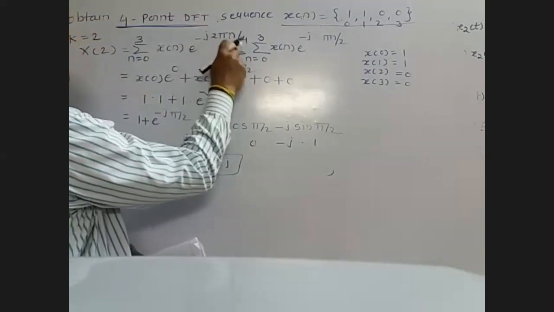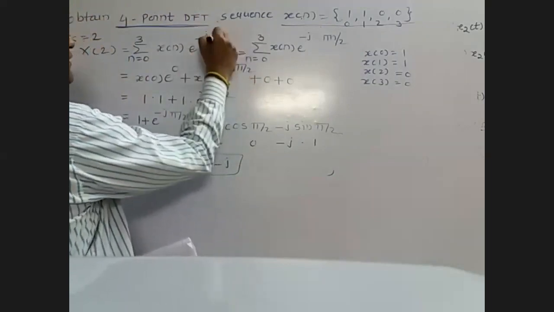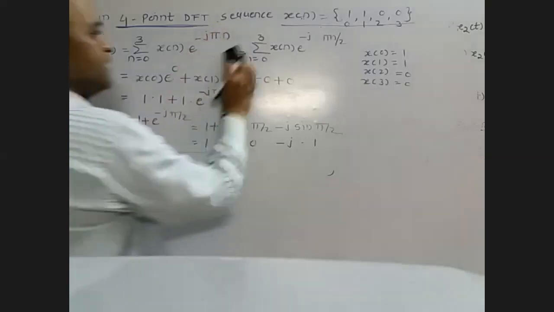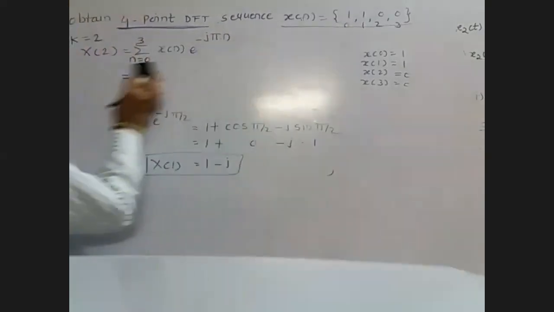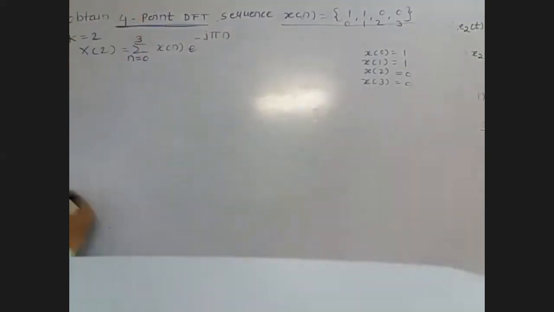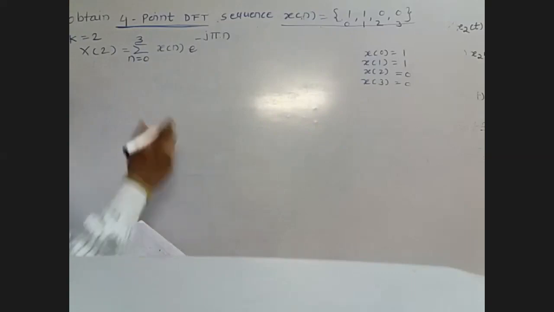So only the pi n term will be present. Okay, so e raised to minus j pi n term is coming in the numerator.